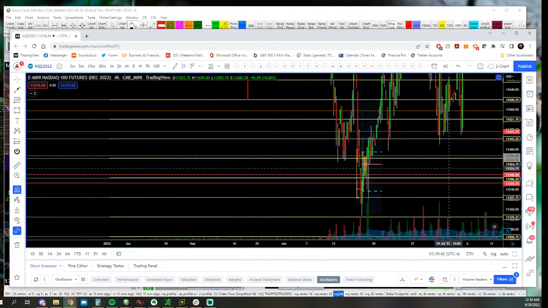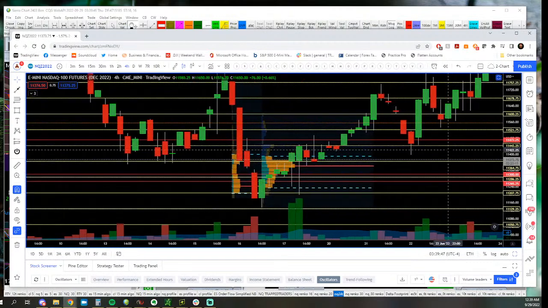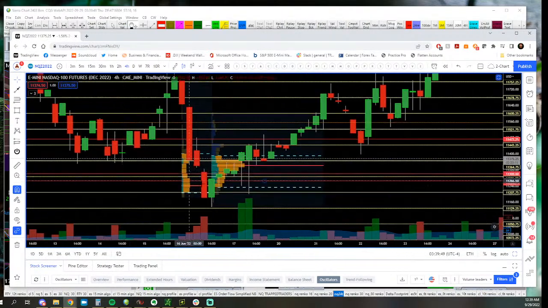If you watch my video from yesterday or maybe the day before, I talked about this: you can draw the volume profile of these consolidation periods in the area that you're trading in from earlier.